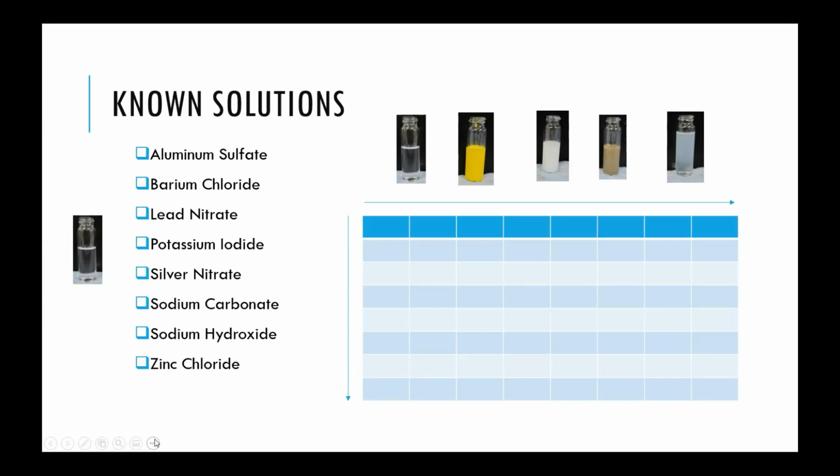But when you're mixing them together and looking at the observations through an array, you'll see that they create a number of different products. Some of them that don't react will remain a clear and colorless liquid, while those that do react, most of them will form a white precipitate or variations of a white precipitate. But there are also some that form different colored precipitates.